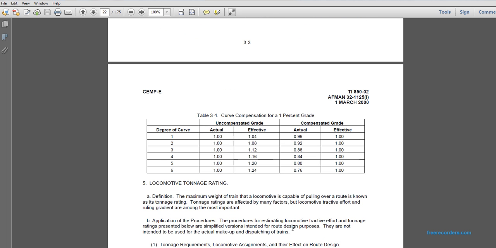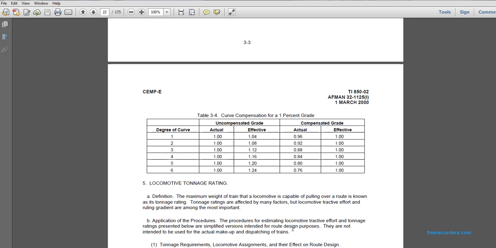Table 3-4 shows the curve compensation for a 1% grade. Degrees of curve 1 through 6. The actual uncompensated grade from degree of curve 1 through 6 is 1.0.